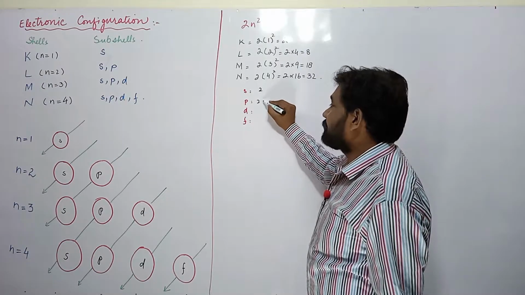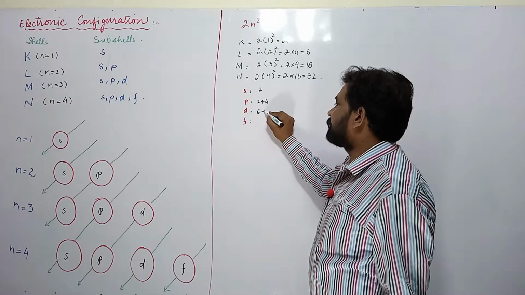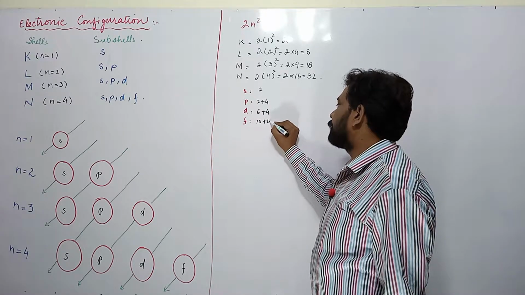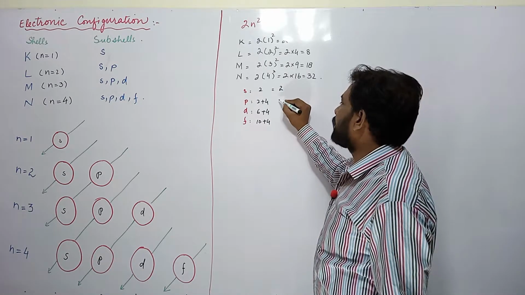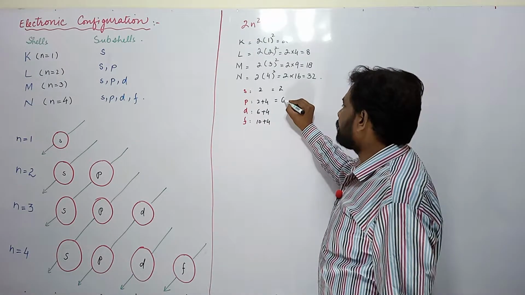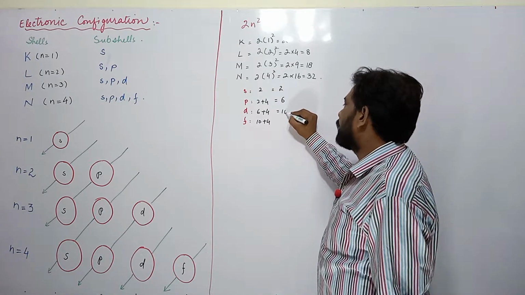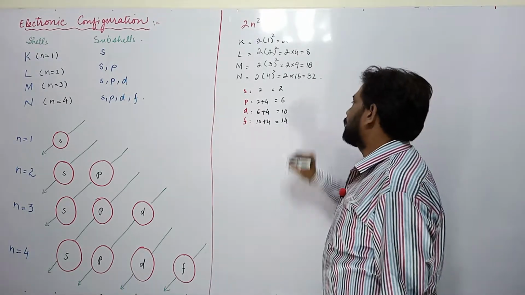For example, for p, 2 plus 4, 6, 6 plus 4, 10 and 10 plus 4, 14. In this, the maximum number of electrons which can be accommodated in s subshell are 2. In case of p subshell, 6. In case of d, 10. And in case of f subshell, 14 electrons.